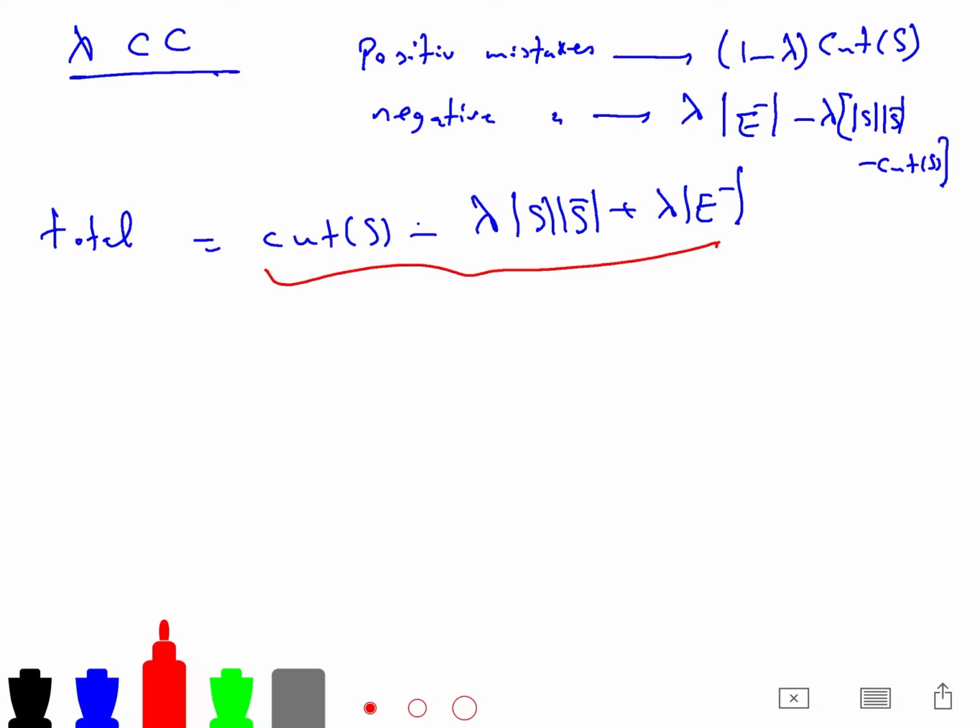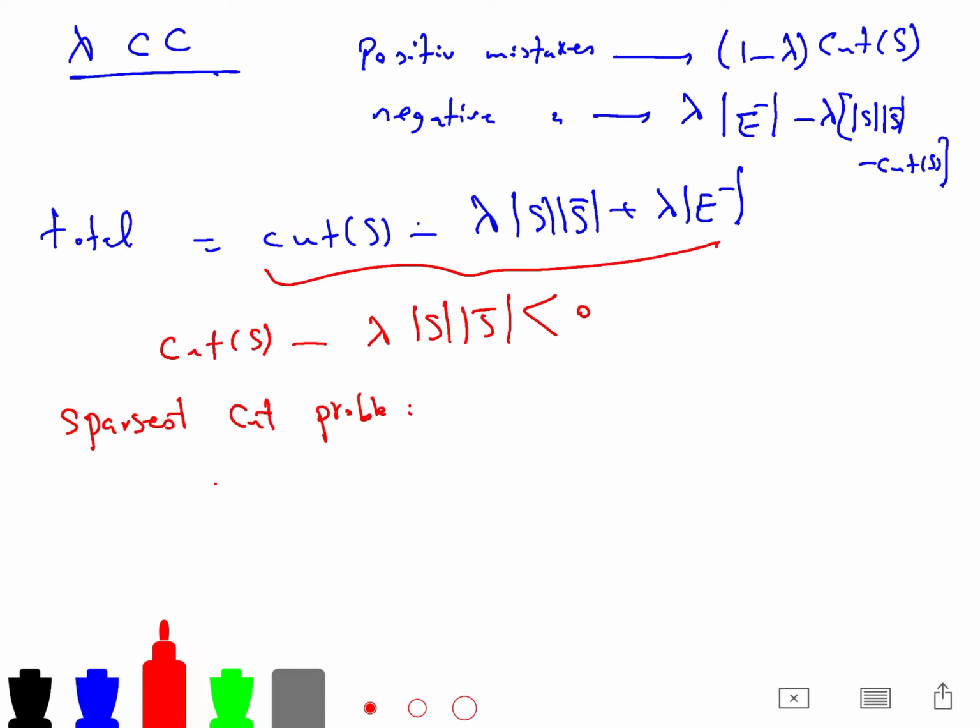For example, if lambda is such that the cut of S minus lambda S S bar is less than 0, then it becomes the sparsest cut problem, which is the minimum of cut of S over S plus cut of S bar over S bar.